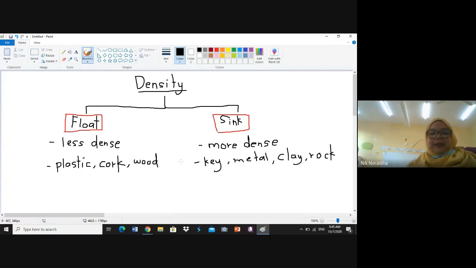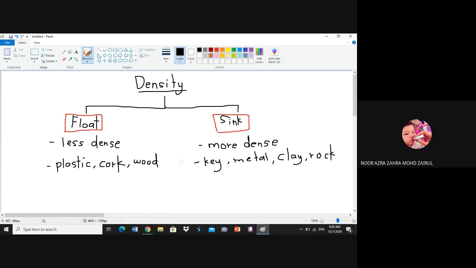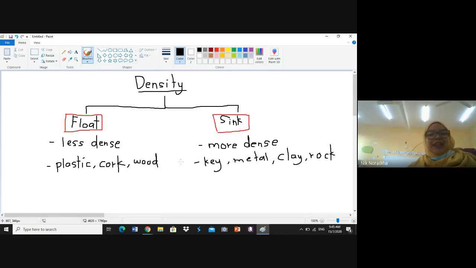Yes, correct. Plastic spoon floats in water. How about metal spoon, sink or float? Metal spoon will sink in water. That's why when you write the answer, you have to be specific, either plastic spoon or metal spoon.